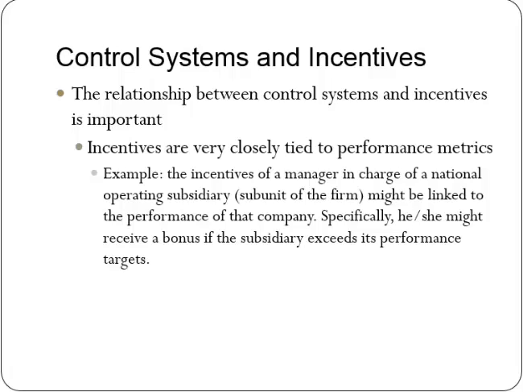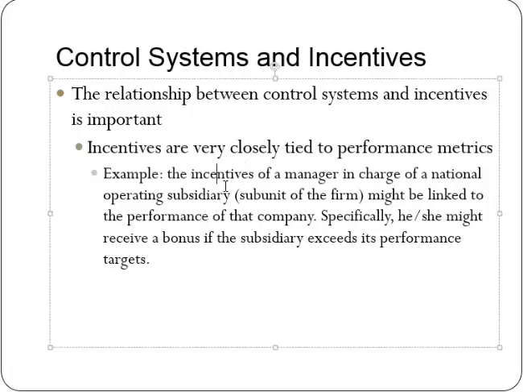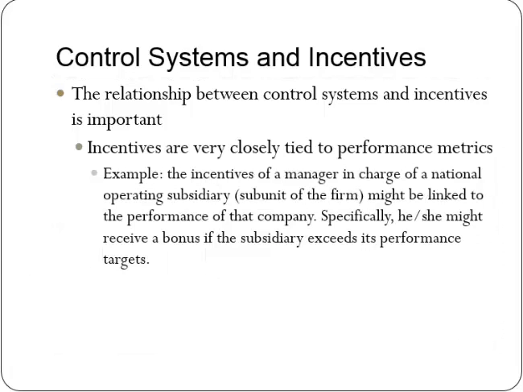Control systems and incentives, of course, another one of the things that we discussed before, is an important relationship. The relationship between those two is an important component of the business, because incentives should be closely tied to performance metrics. So, for example, the incentive of a manager in charge of a national operating subsidiary can be linked to the performance of that company. A control system tries to ensure that your Kentucky factory puts out 100,000 units a month.